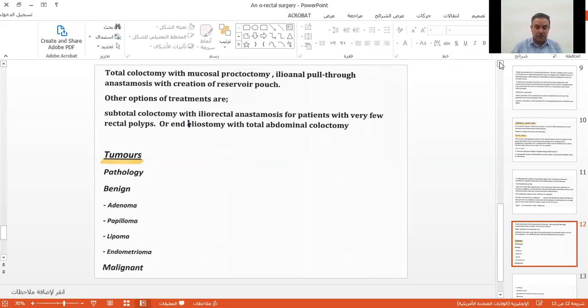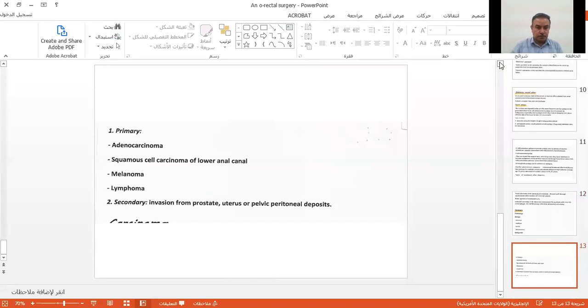Malignant tumors: primary, like adenocarcinoma, squamous cell carcinoma of the lower anal canal, malignant melanoma, and lymphoma. And secondary invasion from prostate, uterus, and pelvic peritoneal deposition.